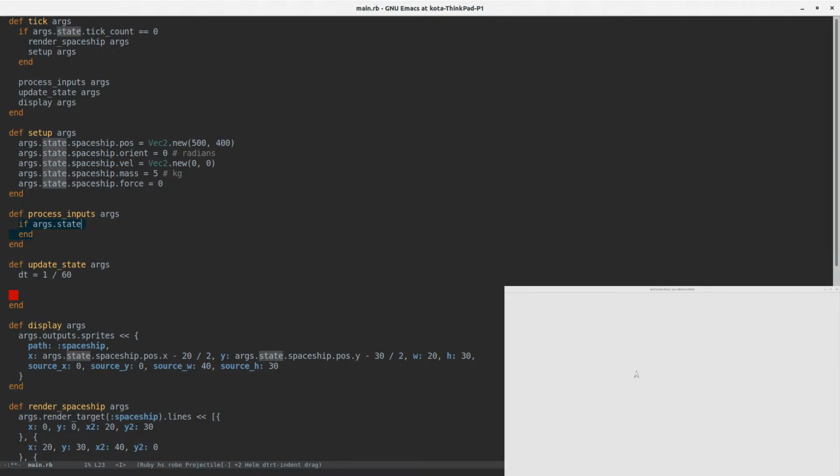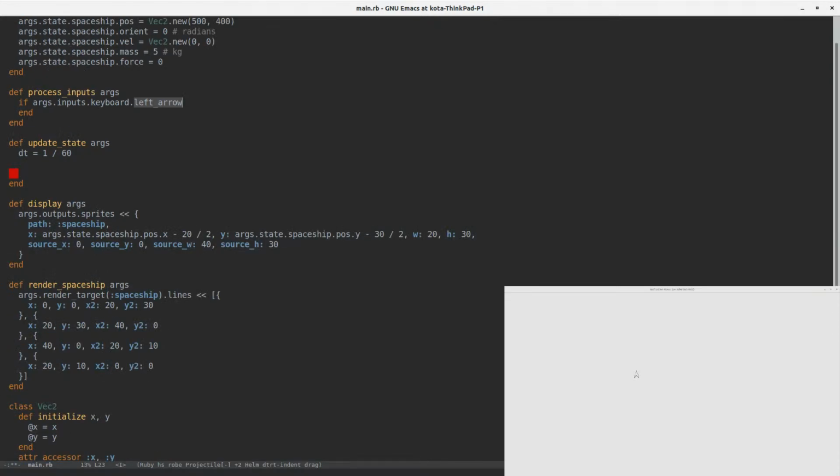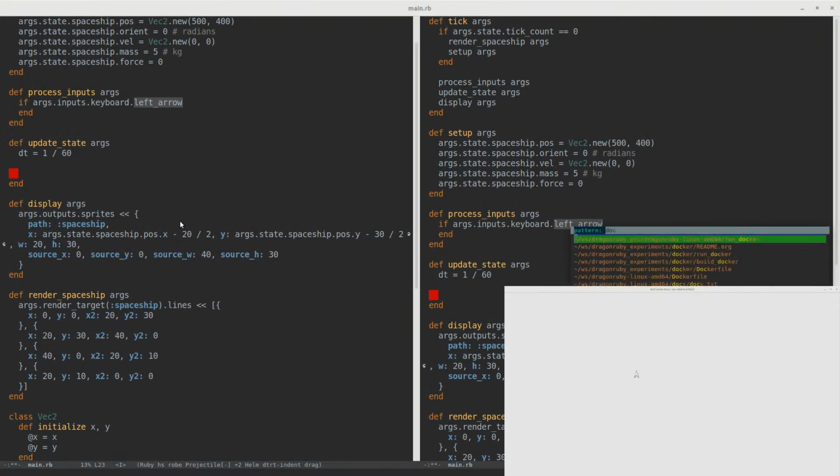Maybe we'll add a drift mode later, but for now, that's all. Yeah, that's all we'll be doing. So if args.inputs.keyboard dot key down. No, not key down. I think we can just do left arrow. There's actually like a directional thing, I think, which we can take a look at in the docs.